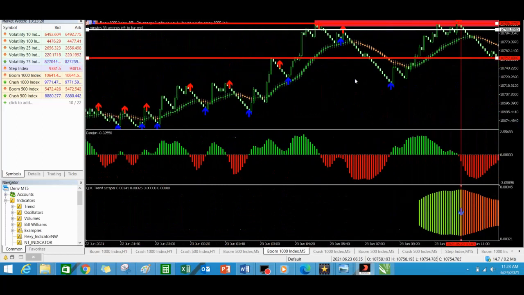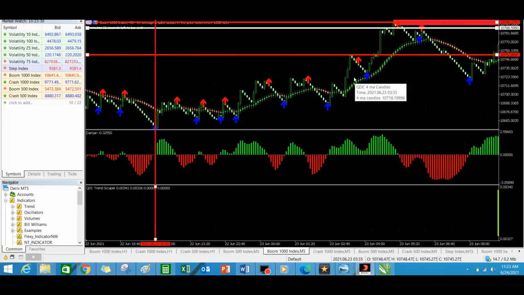Check this out. Let me quickly bring it back a bit. I highlighted this thick red line here, and that is where the trend started from. You can see the blue arrow here. You can't see the trend here again because it has a limited length that it should show.